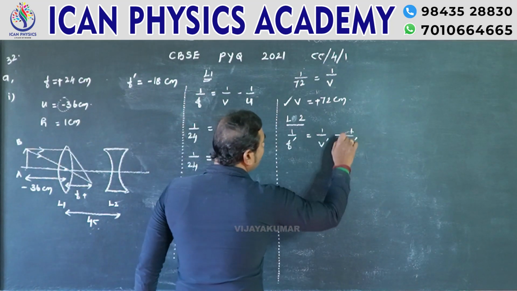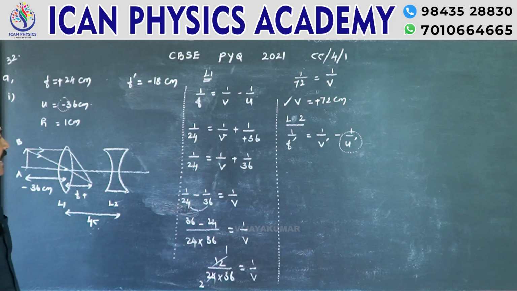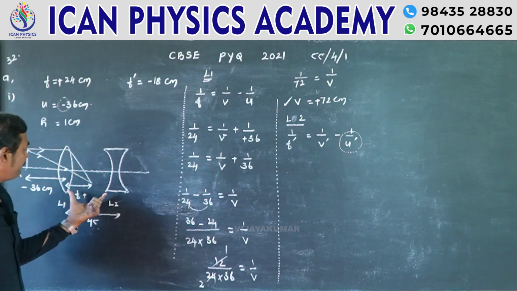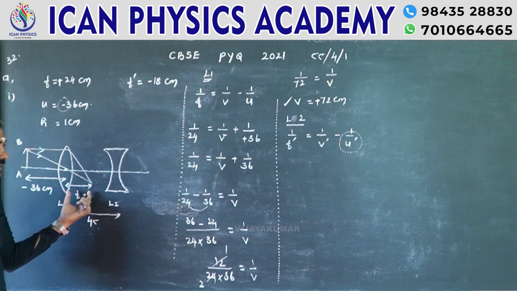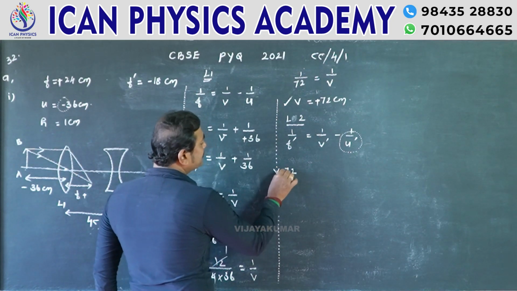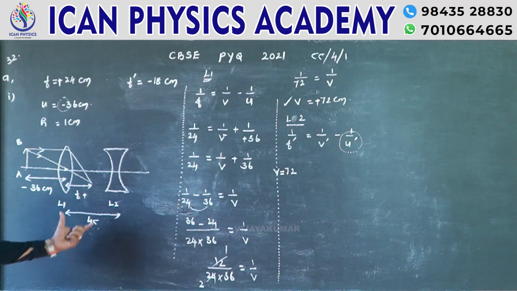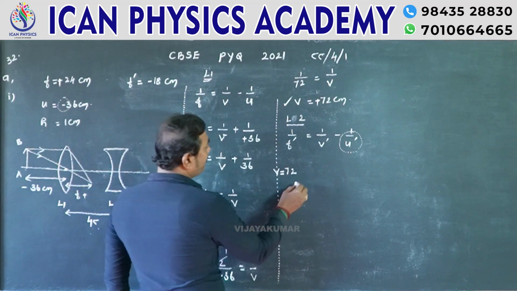Now we are going to calculate the value of u dash. How can we calculate the value of u dash? The image is formed between the two, so 72 is v. But the distance between the two lenses is 45.